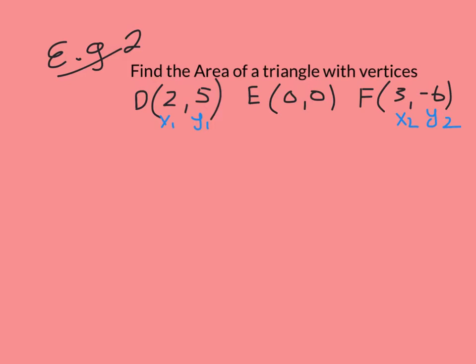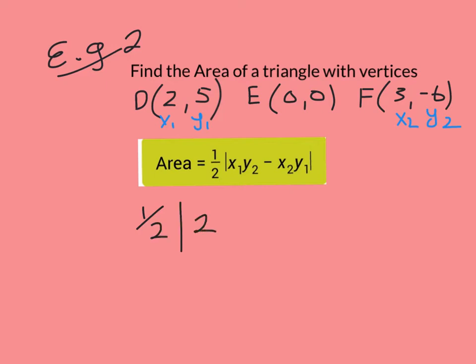I'm going to write down my formula just so I have it there, and then substitute the numbers into the values. So I have a half, and my x1 is 2, and my y2 is -6. I'm just going to put them in brackets. Minus, and then I have 3 by 5.